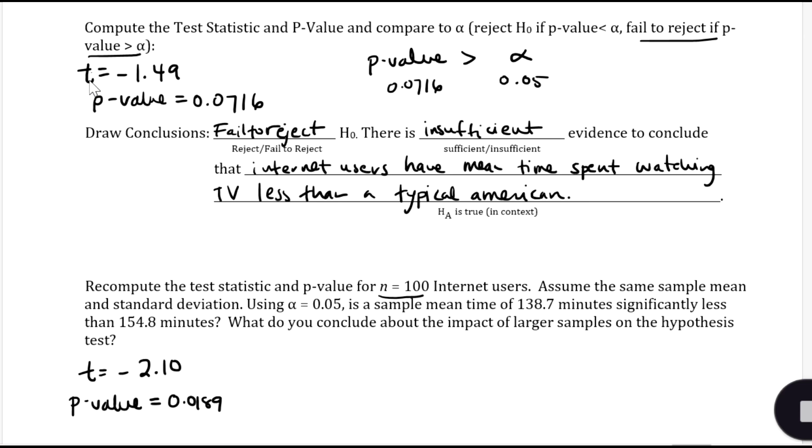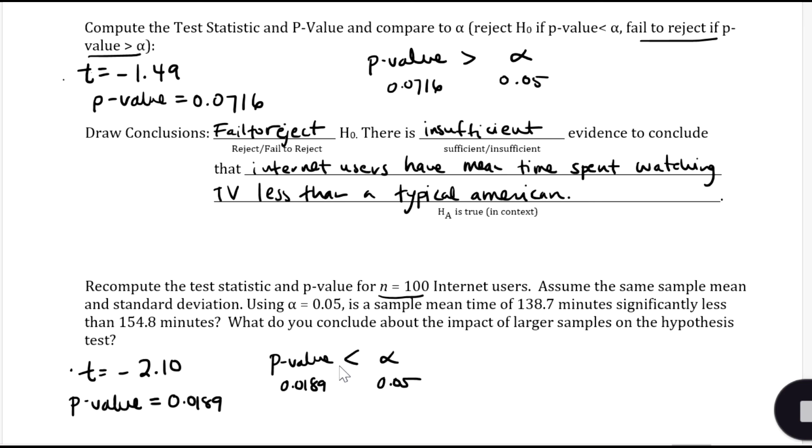So you can compare how they changed. What do you conclude about the impact of larger samples? Had we had this as our test statistic and p-value, we would compare our p-value of 0.0189 to our alpha of 0.05.